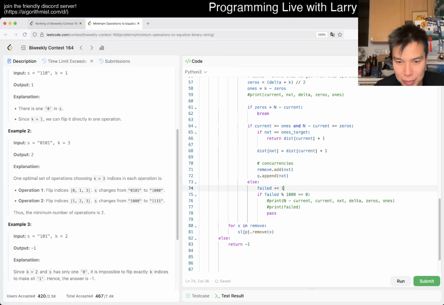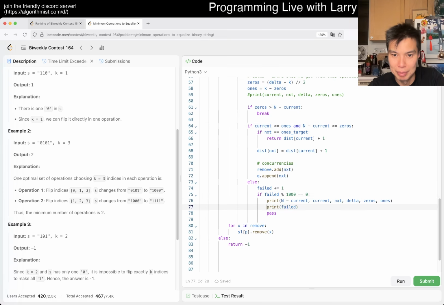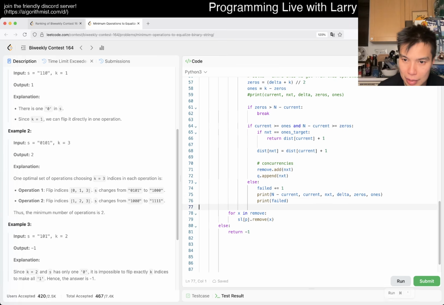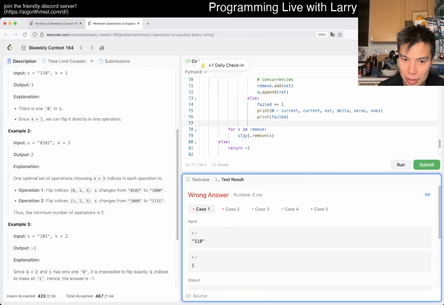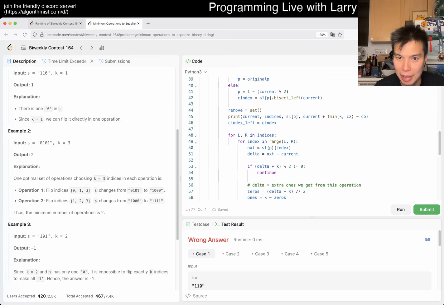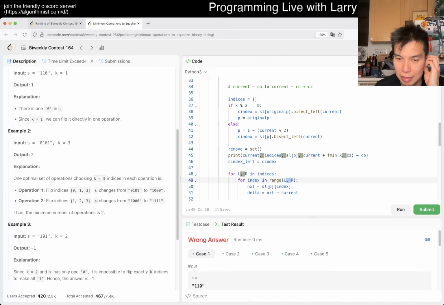So maybe I just need to print this out because I am just being dumb. And this will time out, but that's fine, maybe. Oh yeah, now I don't even do, my LR is weird, so it doesn't do anything.